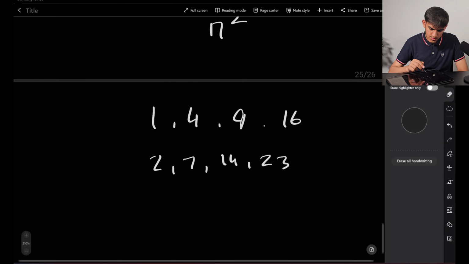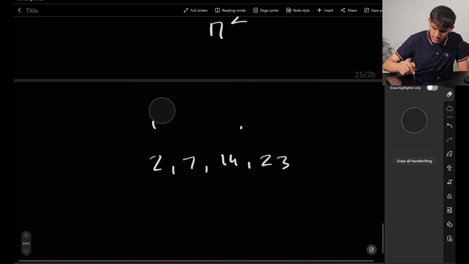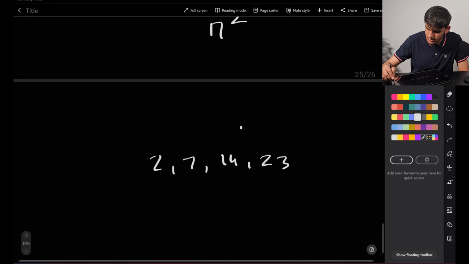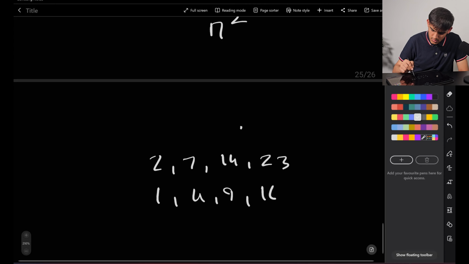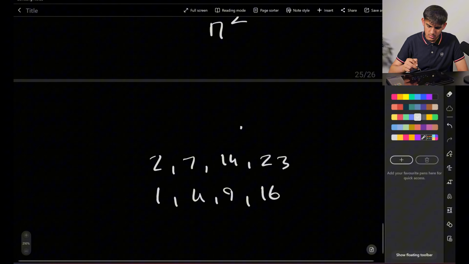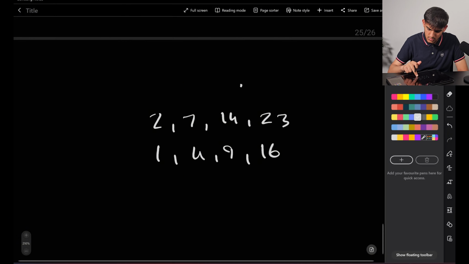So 2 minus 1, actually I should probably write this under, just to make it more clear. Okay, so we work out the difference. So 2 minus 1 equals 1, 7 minus 4 equals 3, 14 minus 9 equals 5, 23 minus 16 equals 7.